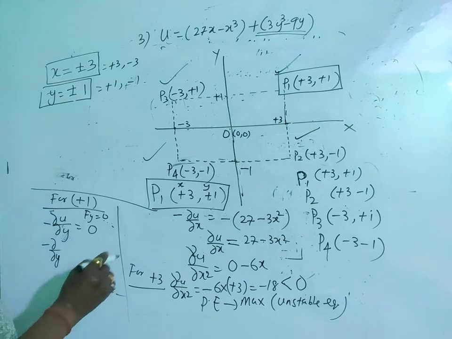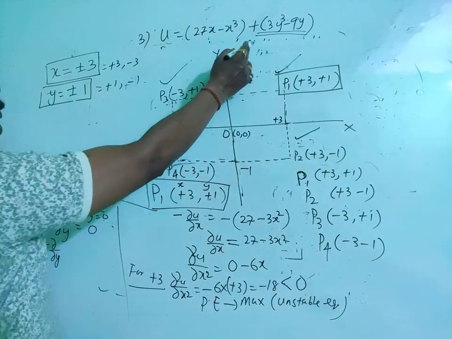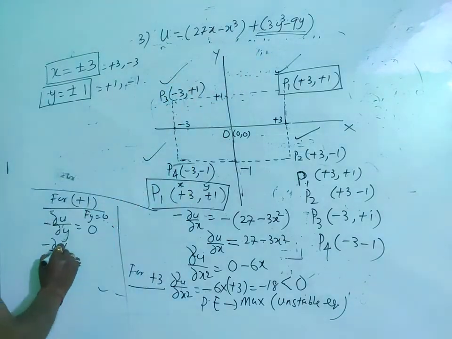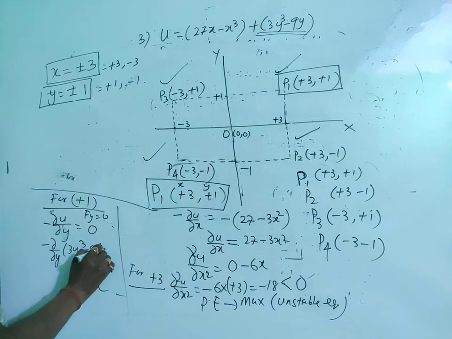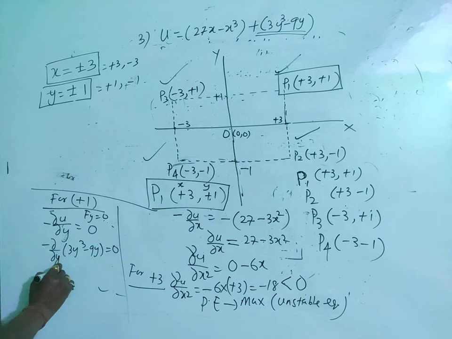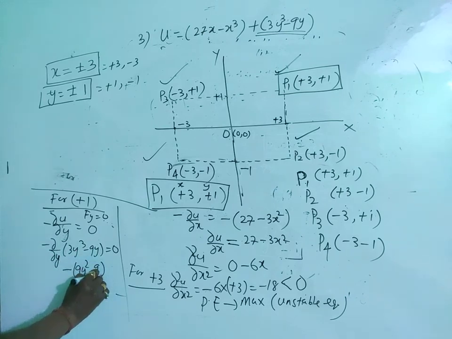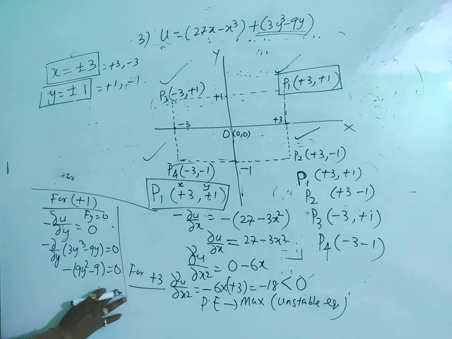See, u in y is 3y cube minus 9y, equal to 0. So minus d by dy of 3y cube gives 9y square minus 9 equal to 0. Is it clear?